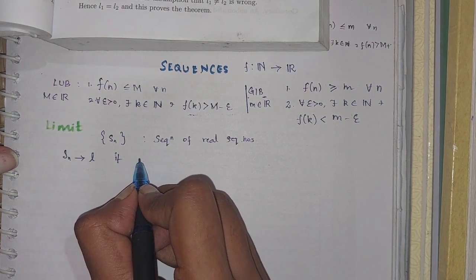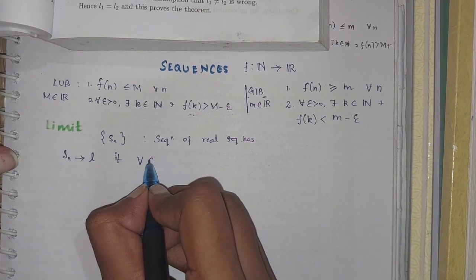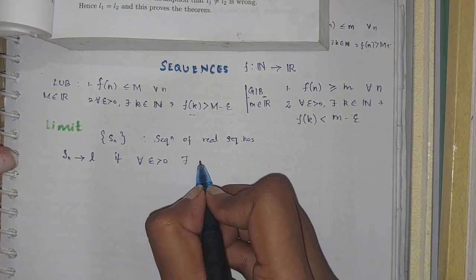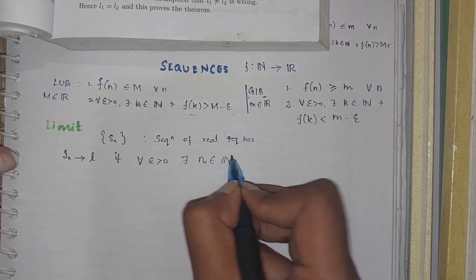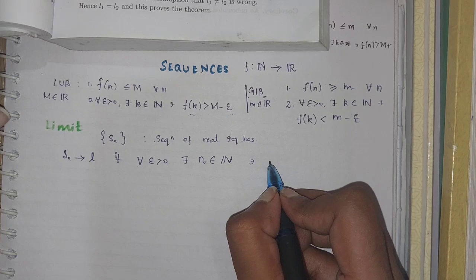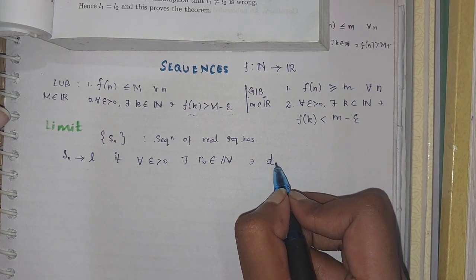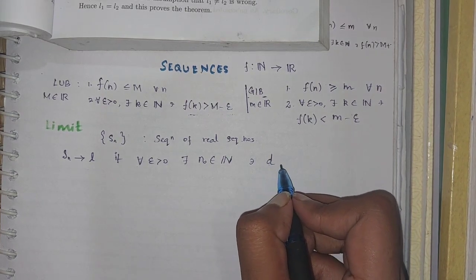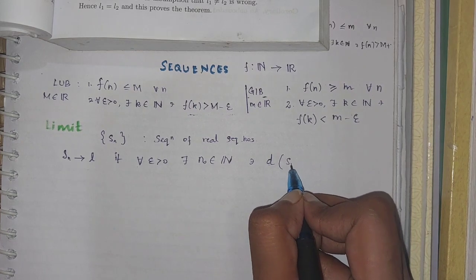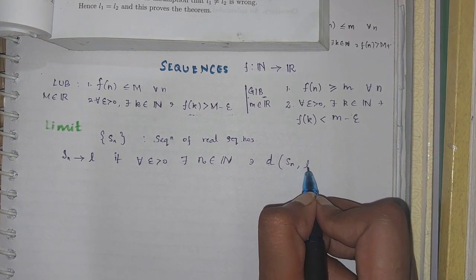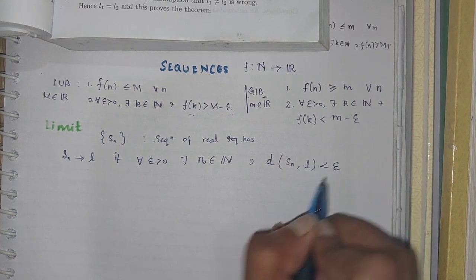So if for all epsilon greater than 0 there exists n naught in N such that, we are representing it in any metric, so you are just using this notation, d of Sn comma L is lesser than epsilon.